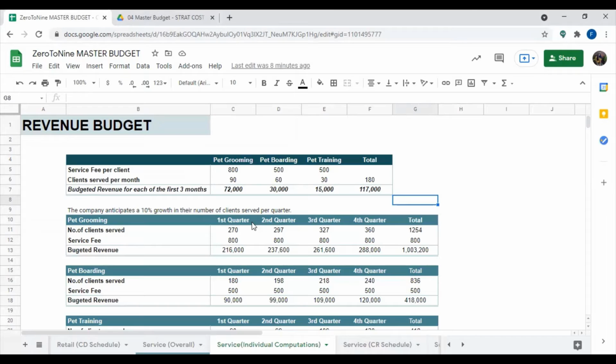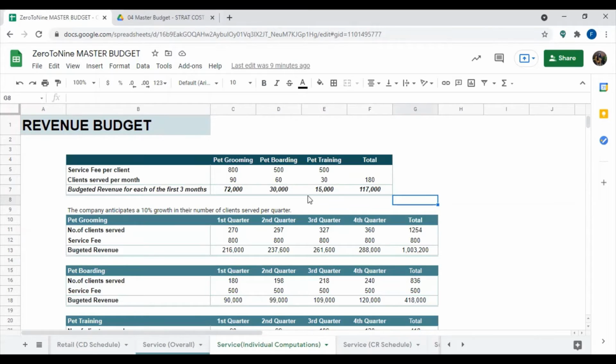Since the clients served per month is the same within the quarter, for the 3 months of the first quarter, the clients served per month will be 90. So the budgeted revenue for each of the first 3 months is 72,000. This will be the same for all the services, in pet boarding and in pet training.